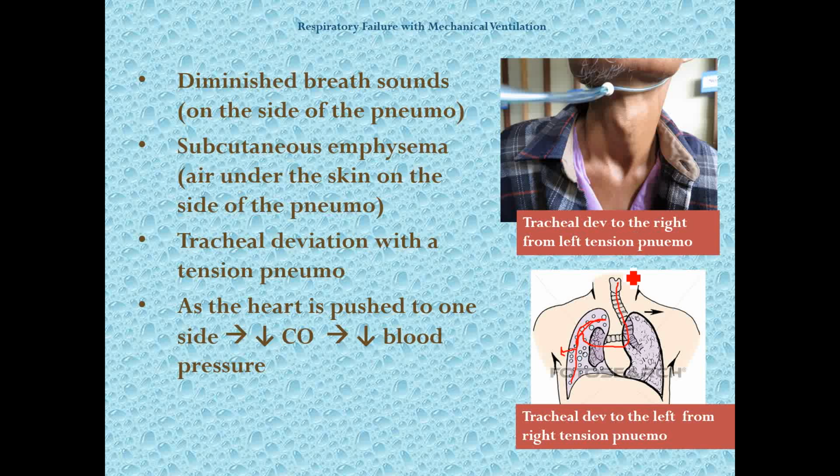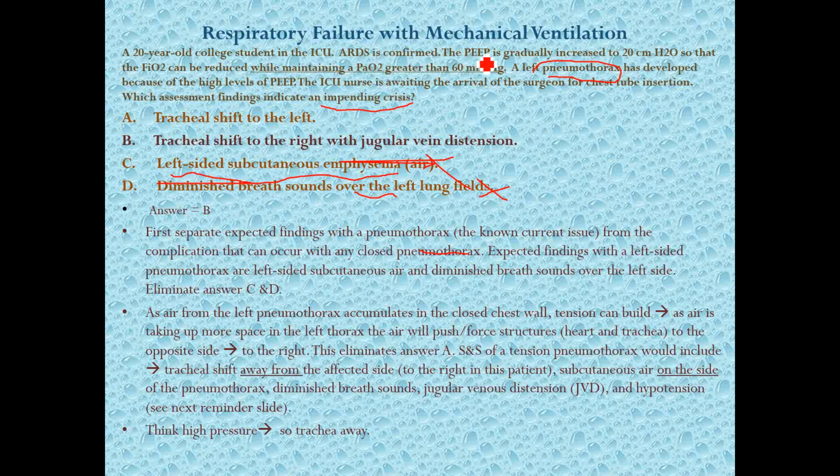Whenever there is air here in the pleural space, it's going to take up space and push all of this, the left side, across to the other side. And when that occurs, you're going to see tracheal deviation. That's why there's a tracheal shift to the right.